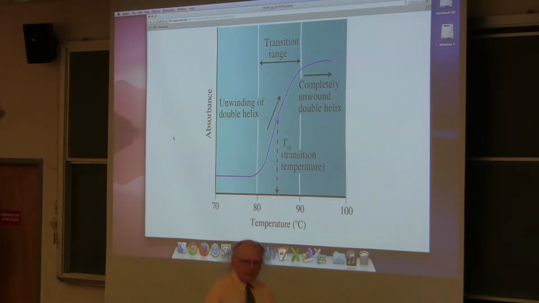And this really isn't anything different than what we talked about with respect to denaturing proteins. I said when we denature proteins, we're unfolding the proteins. And we could do that with heat, with pH, with detergents. There was a variety of ways that we could denature proteins. And there are 2 very common ways we can denature nucleic acids.